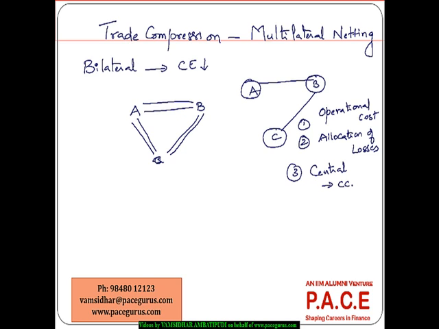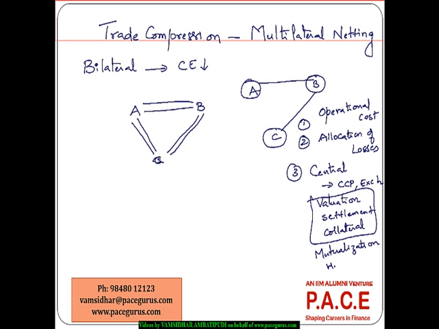So generally there could be some central counterparty or some kind of an exchange which should play the role in terms of multilateral netting, where it can handle different aspects like the valuation of each of the transactions. It should take care of the settlement of each, and wherever the collaterals are required, it should take care of the collateralization. But in this process, the biggest disadvantage that can come is there is a lot of mutualization and homogenization of the credit risk, counterparty risk.